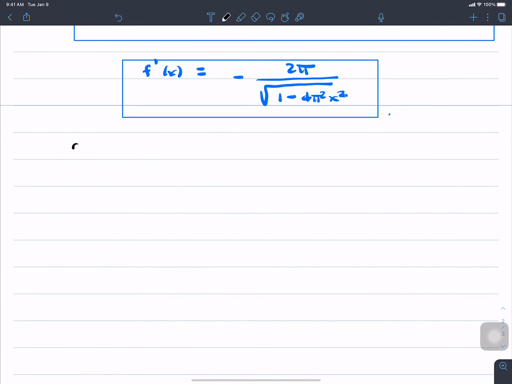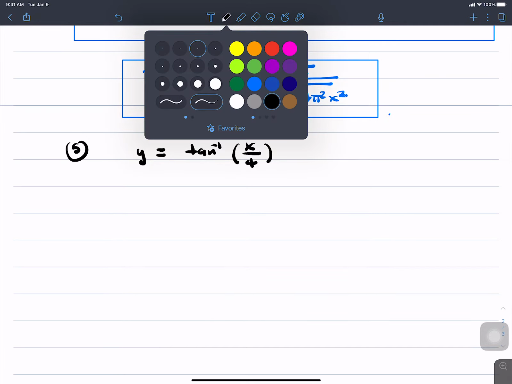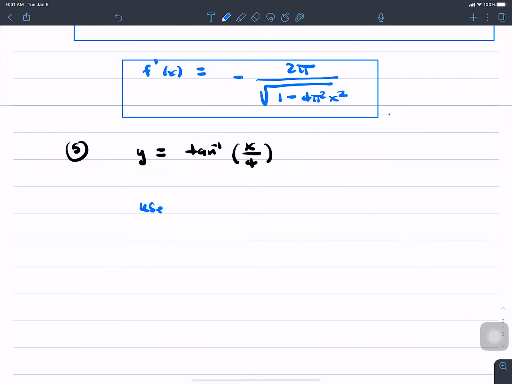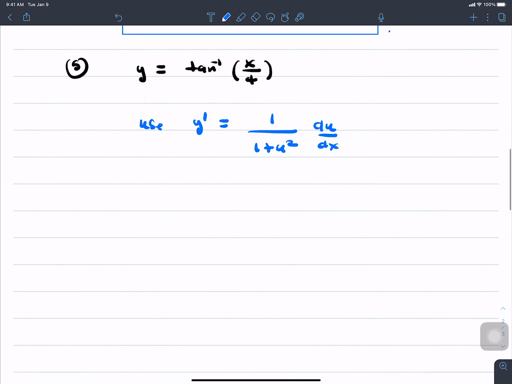And the next slide, number 5, we can put y equals maybe the inverse tangent of x over 4 here. A very similar kind of question. So you're going to use the chain rule version of this, 1 over 1 plus u squared du dx, right?